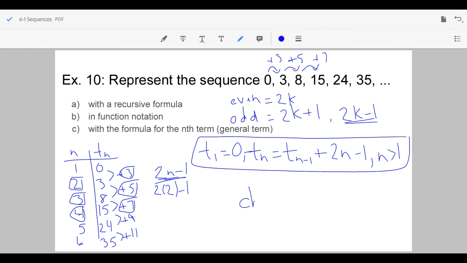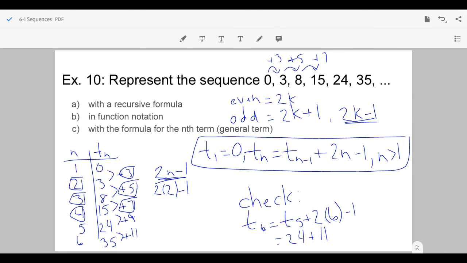Let's check it with one of the later ones just to be sure. Let's say term 6. We haven't checked that one yet. So that would be term 6 is term 5 plus 2 times 6 minus 1. Well, term 5 is 24 plus 12 minus 1 would be plus 11, which is 35. So we know that this is in fact correct.